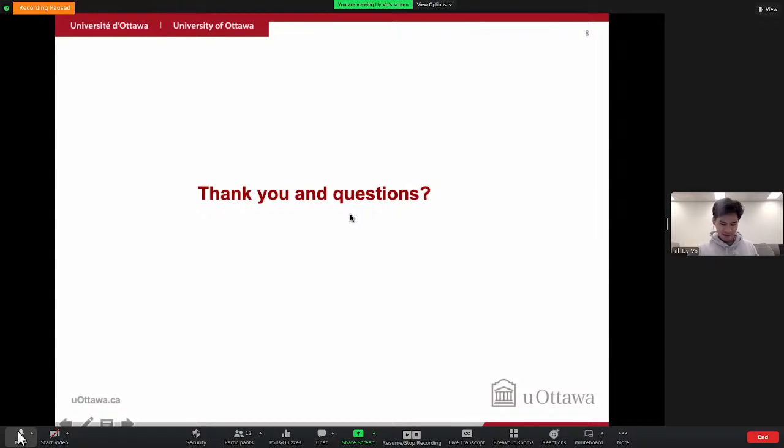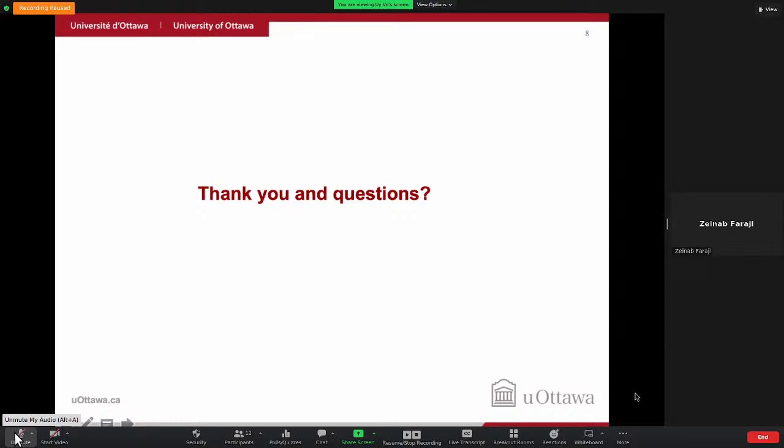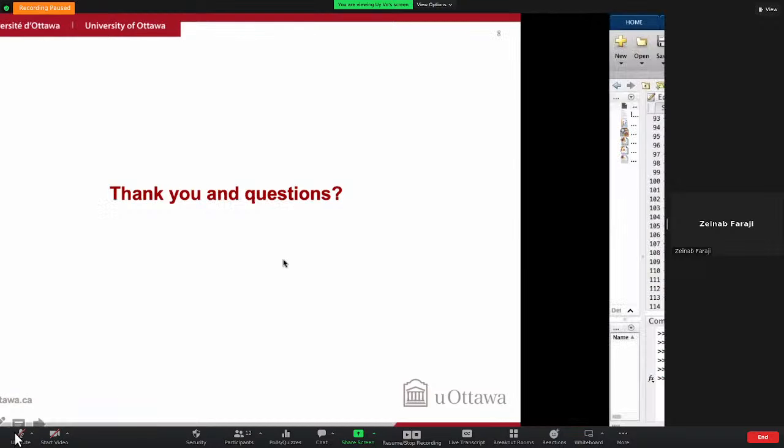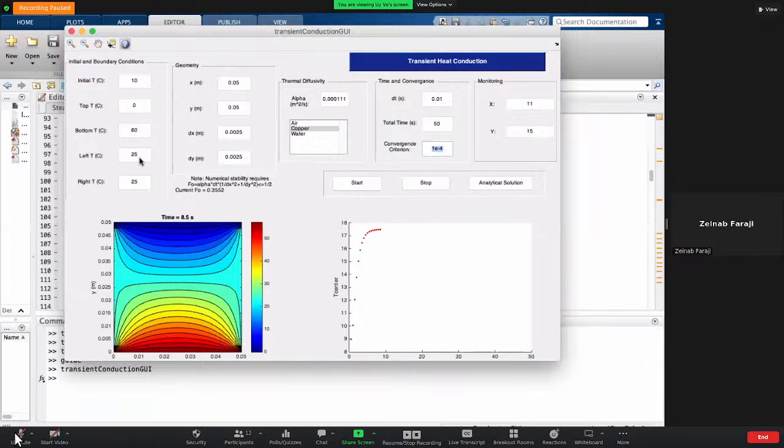I have a question. I'm sorry. What if we have boundary conditions with different temperatures? I wanted to know what if we have different temperatures on the left and right. Here you simulate the left and right with the same temperature.